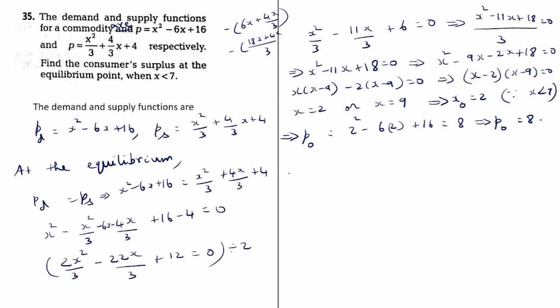Now consumer surplus is given by integral 0 to x naught, demand function dx, minus P naught x naught. So this is integral 0 to 2 of the demand function x square minus 6x plus 16 dx minus P naught x naught, 8 into 2.